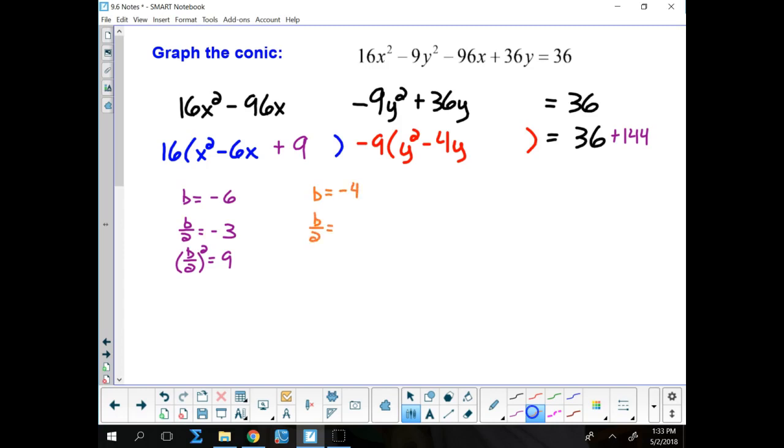That divided by 2 is negative 2. That squared is positive 4. So I'm adding 4 in there, but really, what am I adding to the left side? I'm really adding negative 36. So I need to add negative 36 to the right side.